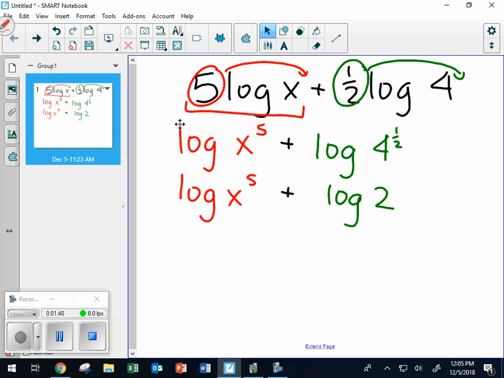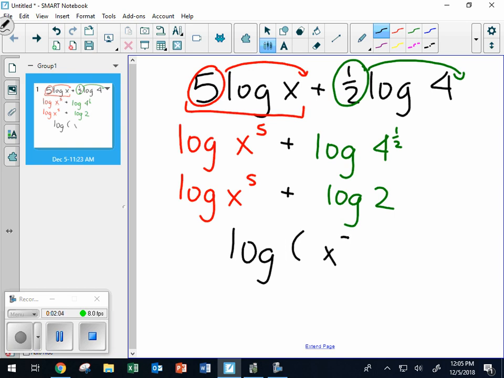If I wanted to make this all into just one logarithm, I have to use one of my properties. What will I get? What do you think, Andrew? It is log x to the 5th, but if we have two logarithms that are added together, they will then multiply inside of one logarithm. Exactly.